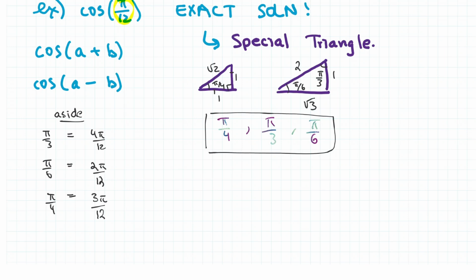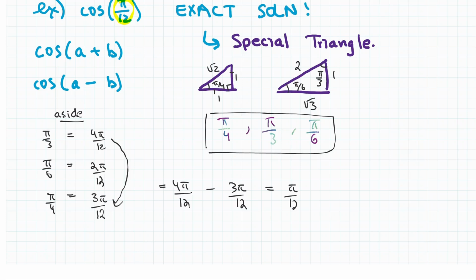So can you think of any of these that we can add or subtract to get pi over 12? Well, we can do 4 pi over 12 minus 3 pi over 12, and that will give us pi over 12.